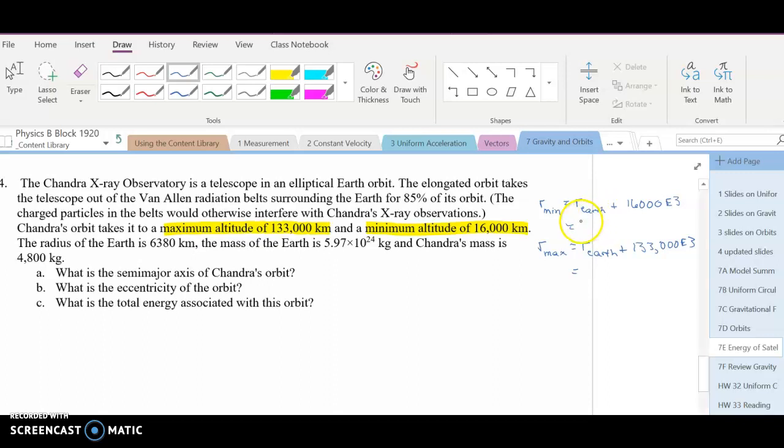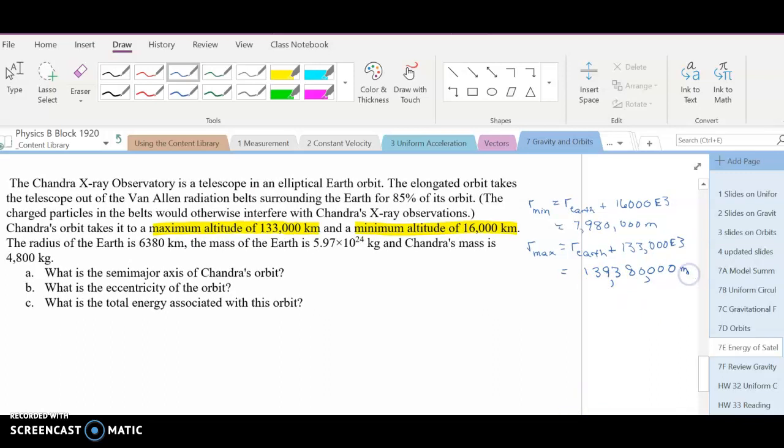So the minimum R for the Chandra is 7,980,000 meters, and the maximum is 139,380,000 meters.